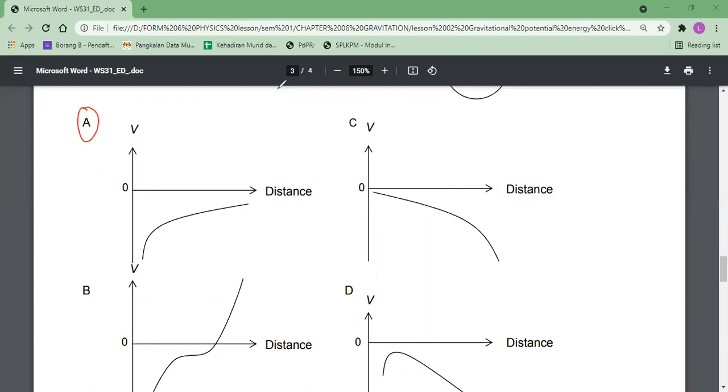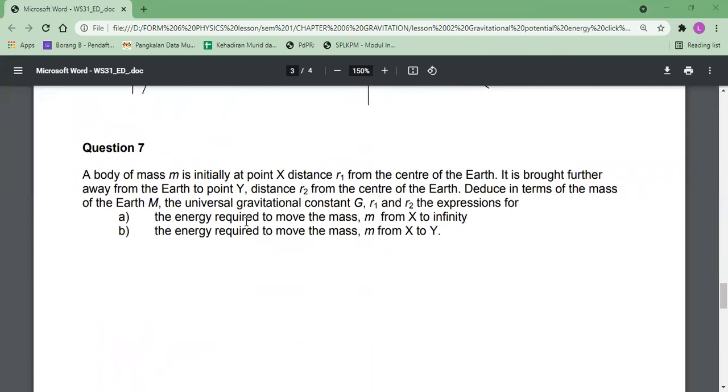Okay, now next. Question number 8. A body of mass m is initially at point x, distance r1 from the center of the Earth, and is brought further away from the Earth to a point y, distance r2 from the center of the Earth.